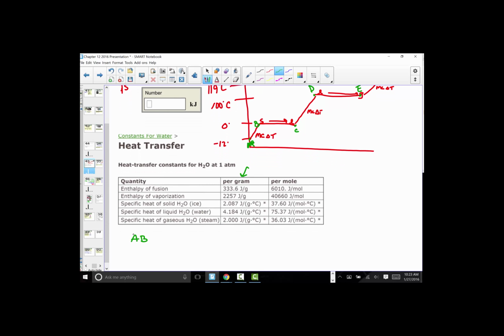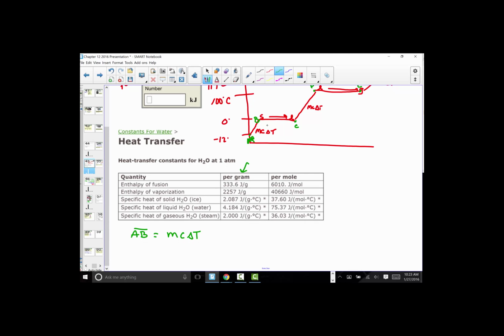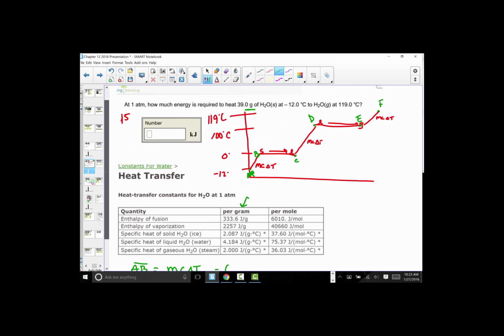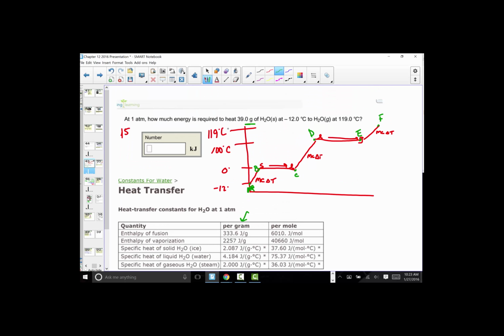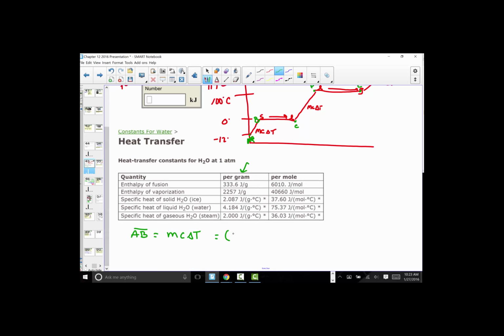We have line segment AB. We want to calculate the heat energy required to warm up solid water from negative 12 to 0 degrees. So the mass given to me, we know was 39 grams. That'll be repetitive here, 39 grams.